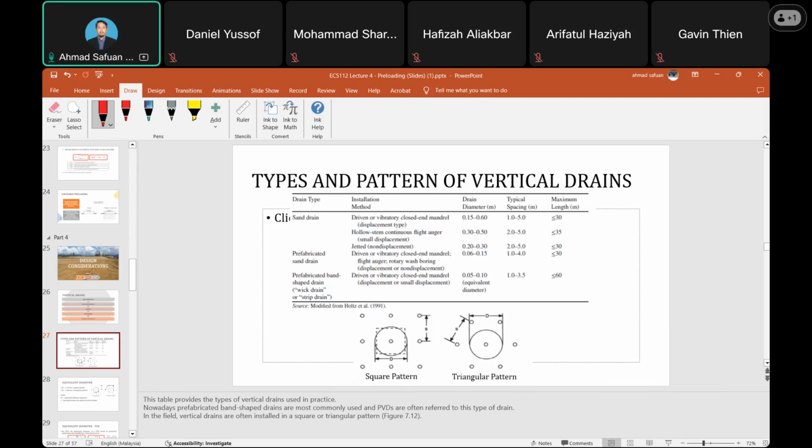Then we have a prefabricated band-shaped drain, or wick drain, or strip drain. This is made of geopolymer, driven or vibratory close-ended mandrel, displacement or small displacement.